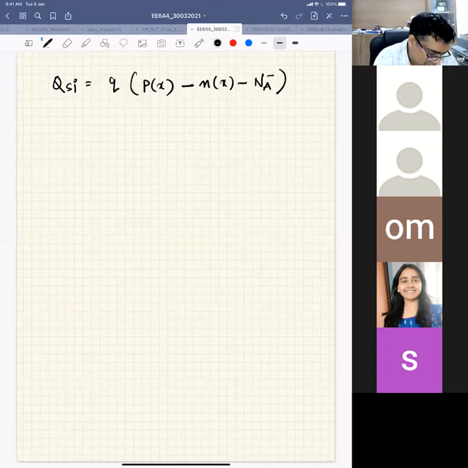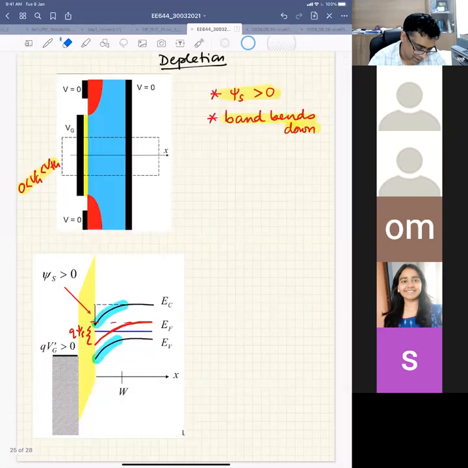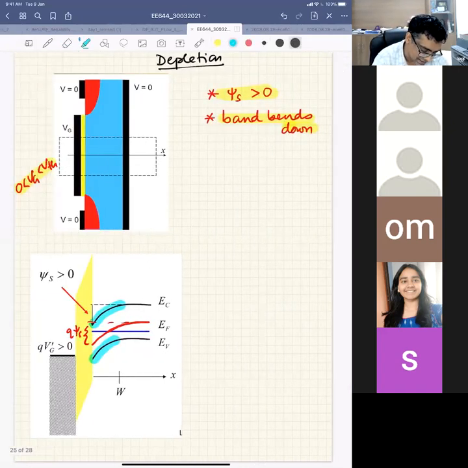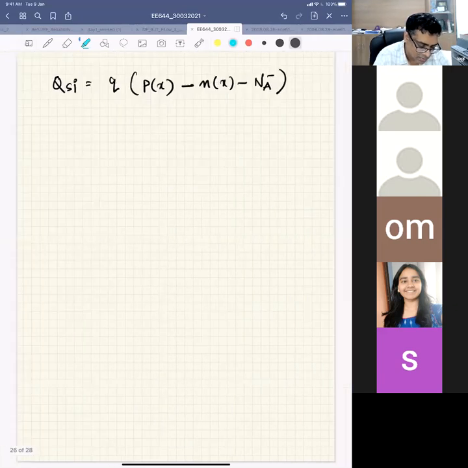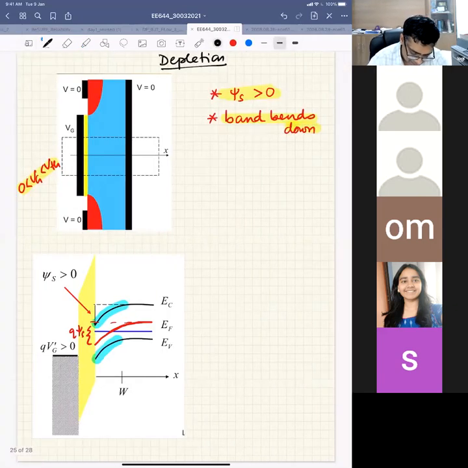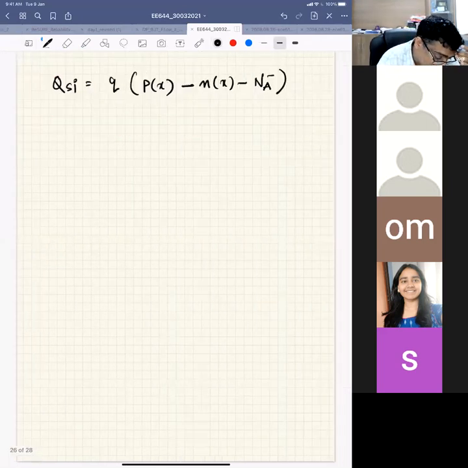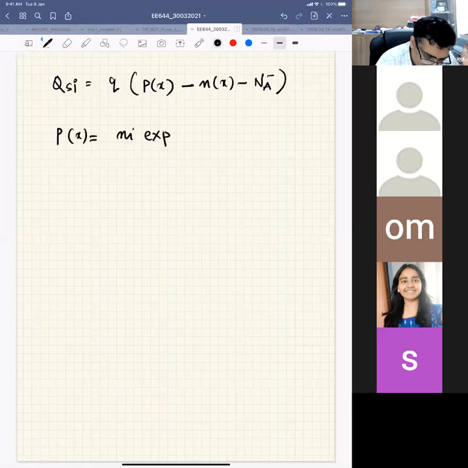So in the depletion condition, if you look at the depletion region, your px is nothing but Ni exponential (Eix minus Ef) by kt, right?